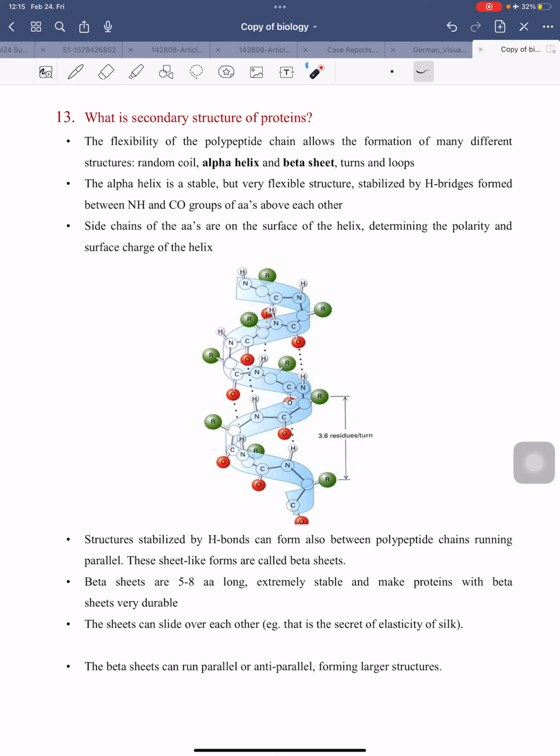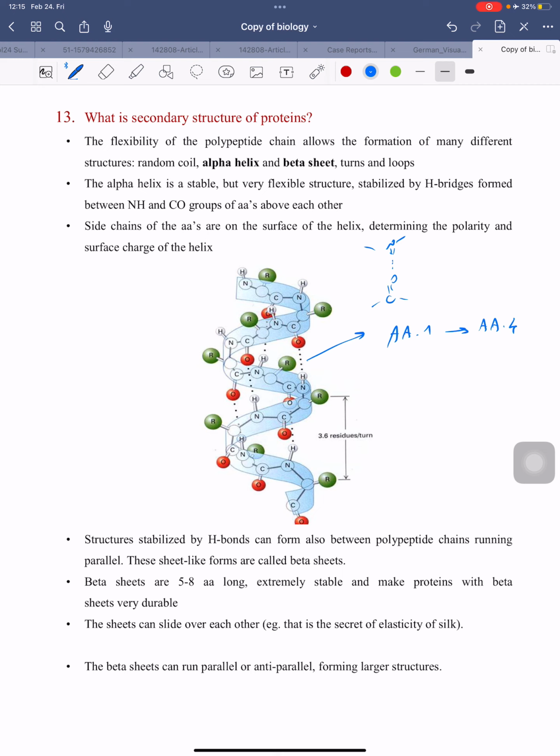The hydrogen bond is usually between the carbonyl and the NH group, the hydrogen of NH, and between amino acid number 1 and 4. It is a helix form, it's very important.